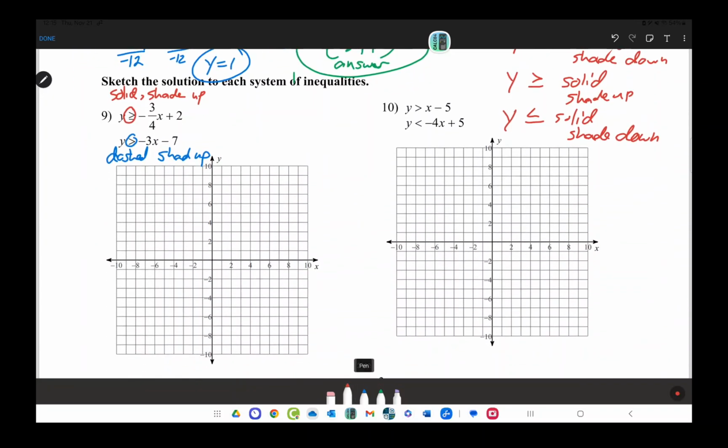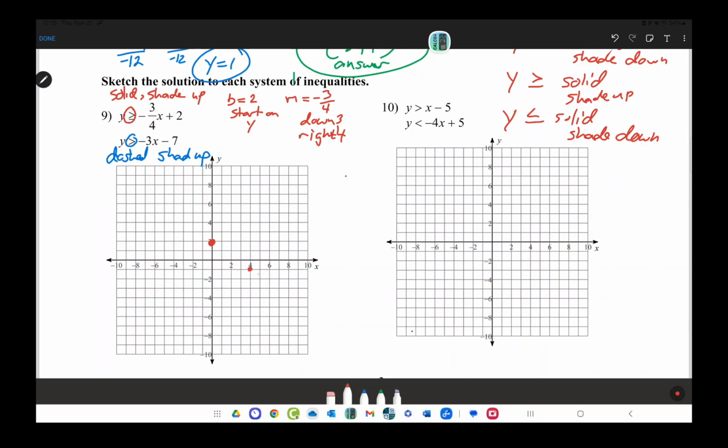Now for this first line, we forget about the sign and everything. We just have that b is 2 and slope is -3/4. This is where we start on y at 2. And we're going to go down 3, right 4. 1, 2, 3, right 1, 2, 3, 4.